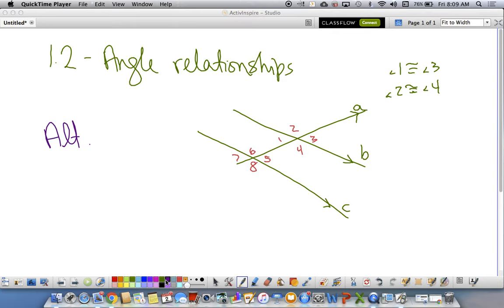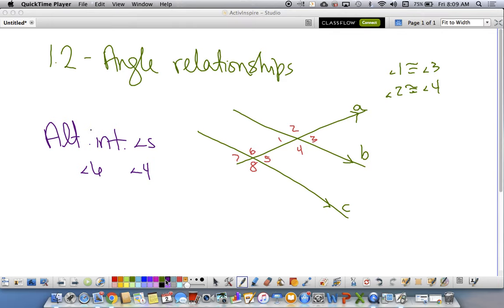Okay? Alternate interior angles. Where are my alternate interior angles? Somebody put a hand up. John. Alternate interior angles are 6 and 4. Okay, so angle 6 and angle 4 are alternate interior angles.